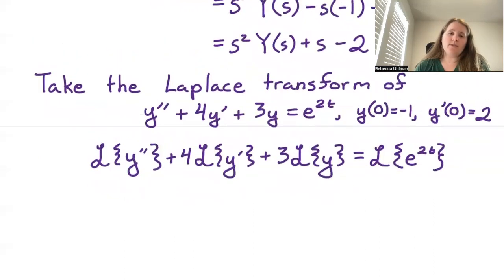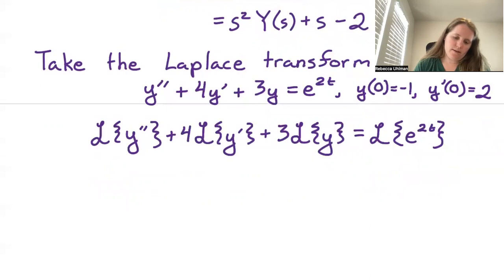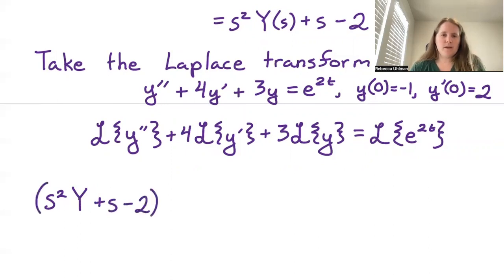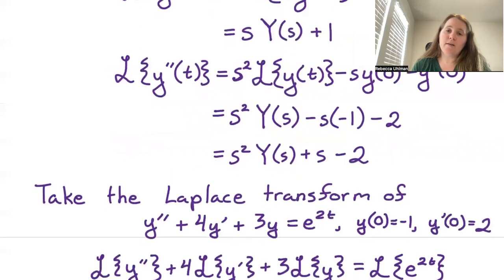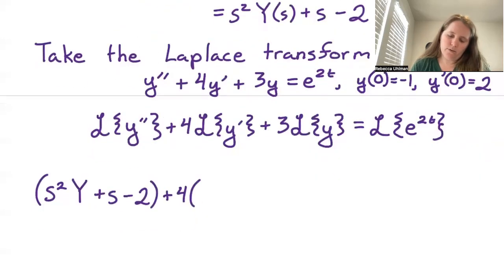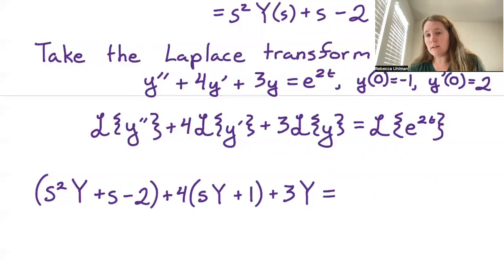As we just found, the Laplace transform of y double prime is s squared times capital Y plus s minus 2. So that's our first substitution. Then we have plus 4 times the Laplace transform of y prime, which was s times capital Y plus 1. Then we are adding on 3 times the Laplace transform of y, which is just capital Y. And then this should all equal the Laplace transform of e to the 2t.